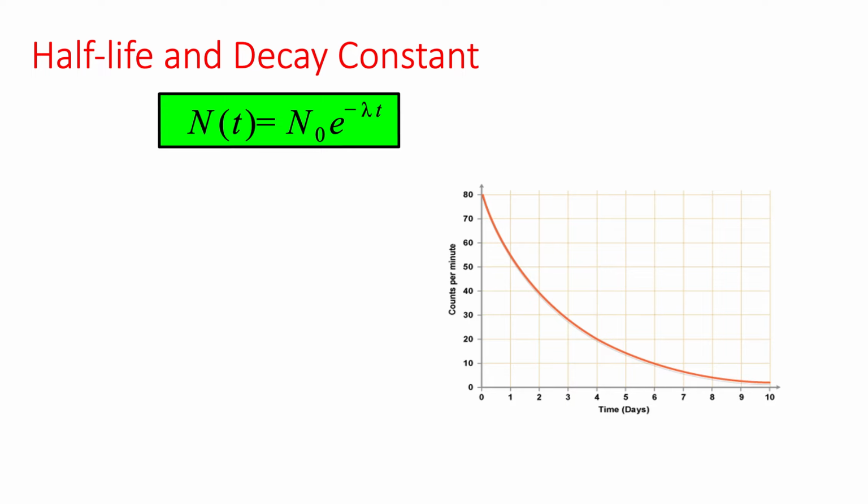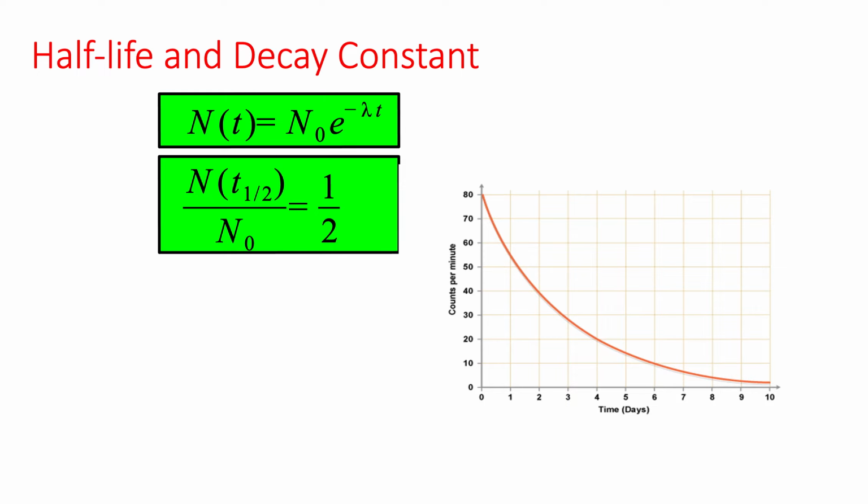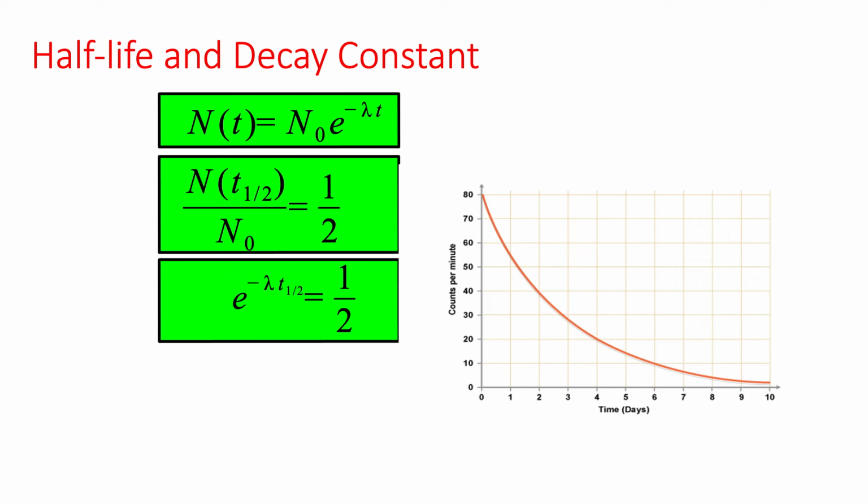We defined previously half-life as the time it takes for the number of undecayed nuclei to decay by a factor of a half. Therefore, at some time equal to t half, being the half-life, the ratio of the number of undecayed nuclei to the original number is going to be 1 over 2.